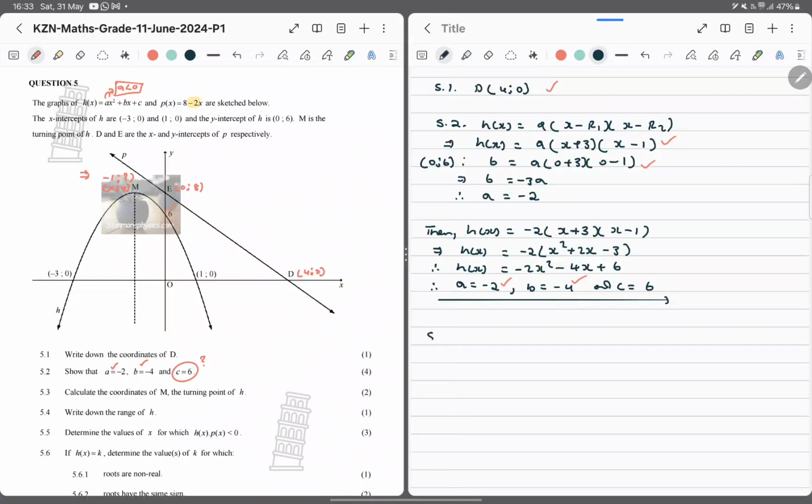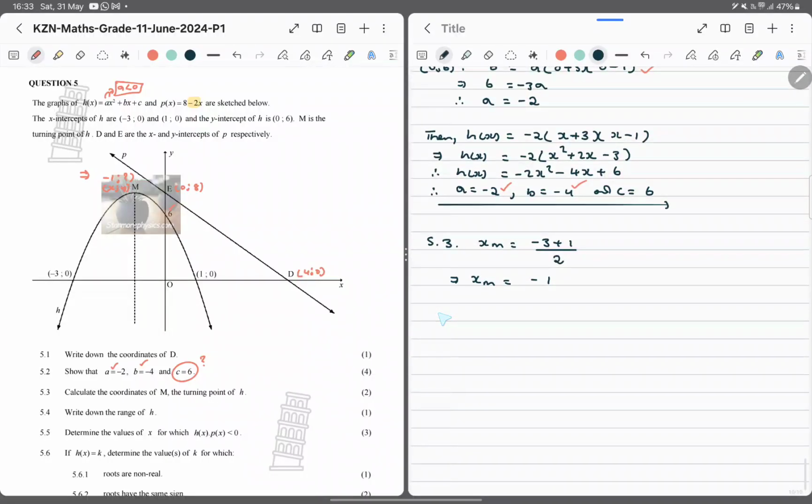Alright, so 5.3. Calculate the coordinates of M, the turning point. Very easy. We can see that x at M is going to be minus 3 plus 1 over 2. It's the average, which implies that x at M is going to be minus 1.